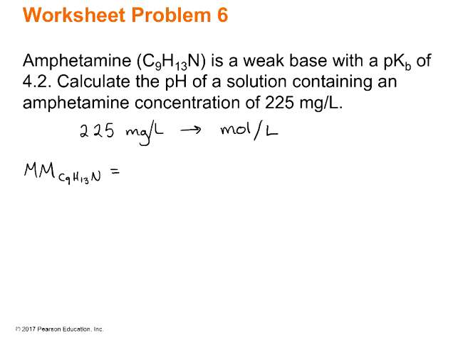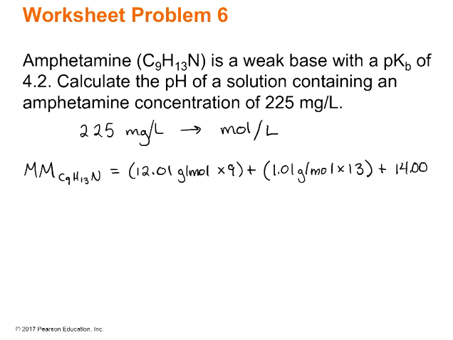We have 9 carbons, so we'll multiply the mass of carbon by 9, and then add the mass of hydrogen times 13. And finally we have 1 nitrogen, which has a mass of 14. When we do that calculation, we should get a molar mass of 135.22 grams per mole.